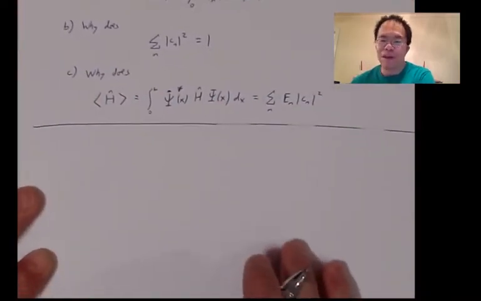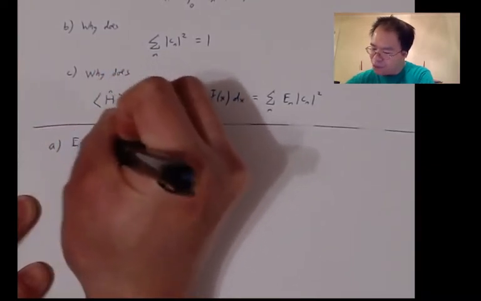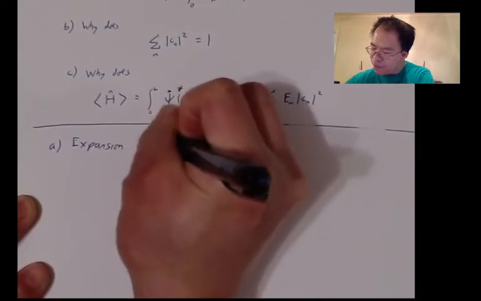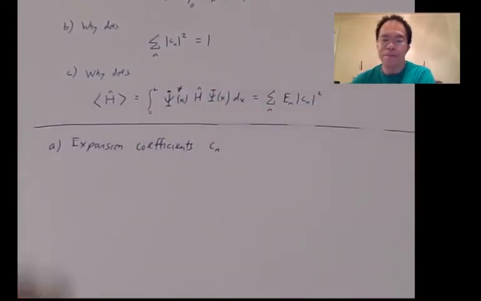So let's start with our expansion coefficients C sub n. We begin with being able to write our arbitrary wave function as the sum of stationary states.